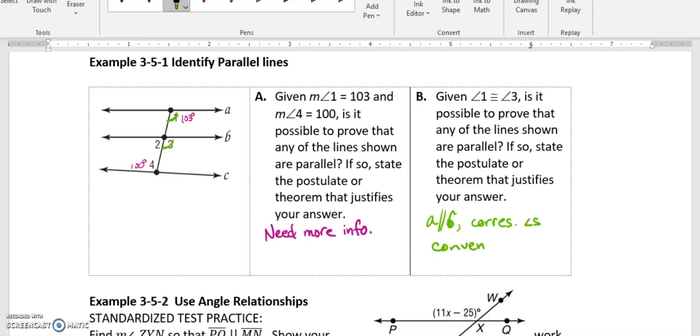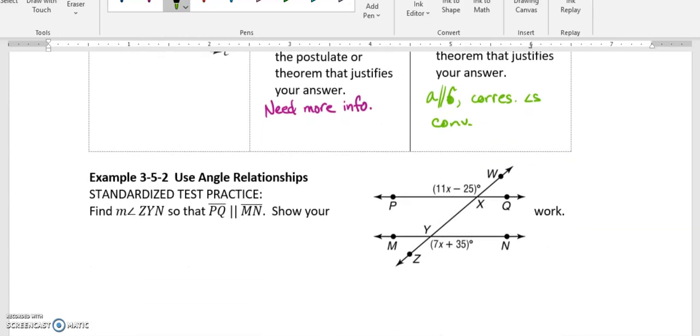I'm going to just abbreviate converse too. Corresponding angles converse justifies that those are indeed parallel.